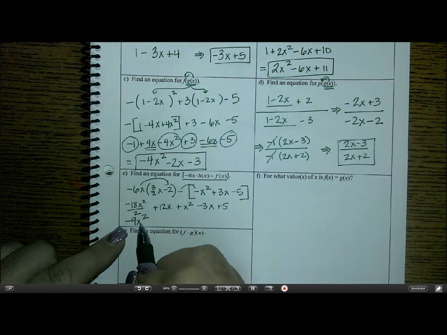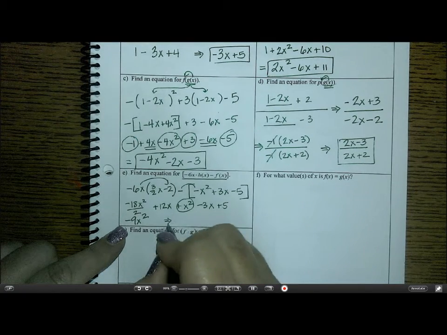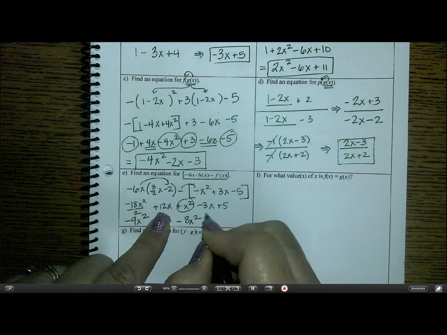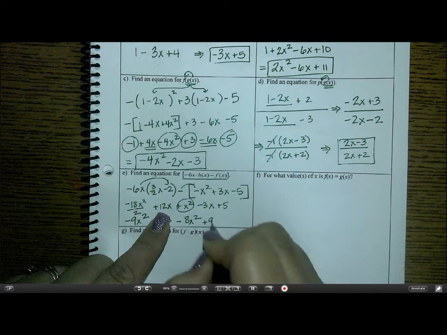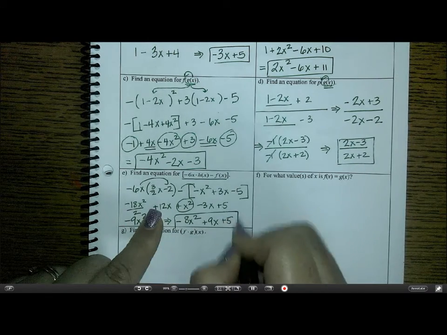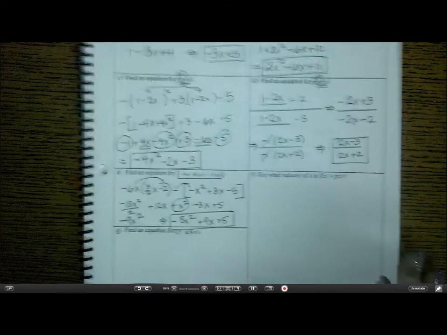So -9x squared plus x squared is really going to give me -8x squared. 12x minus 3x is 9x. And it looks like I just have my 5. So this is just organizing our algebra.